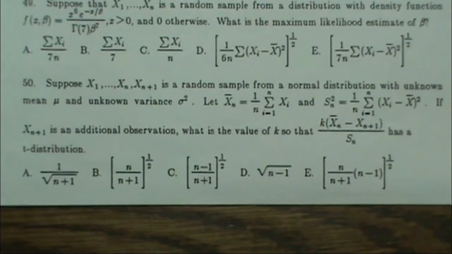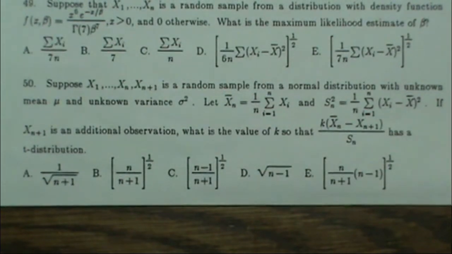Number 50. Suppose x1 through xn and xn plus 1 is a random sample from a normal distribution with unknown mean mu and unknown variance sigma squared. Let xn bar equal the sum of the xi divided by n, and Sn squared equal that quantity.